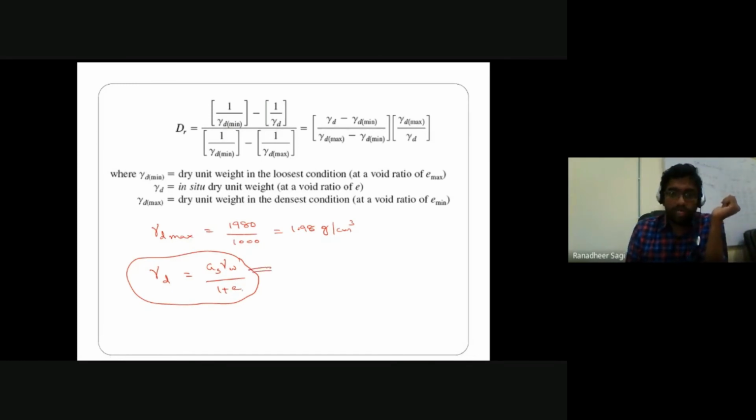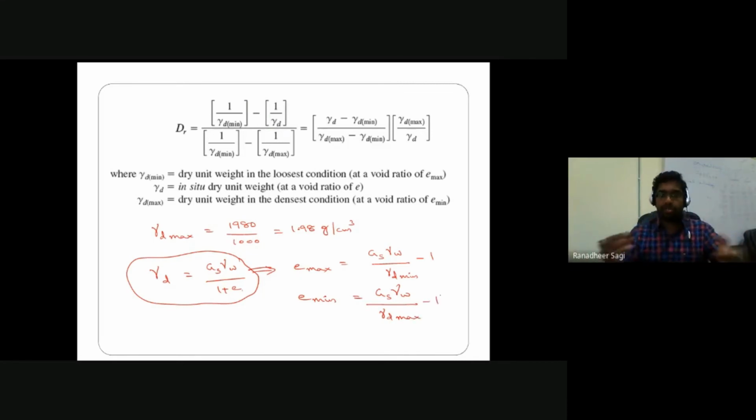Okay, so from this I can say the maximum void ratio I will get for the soil is e maximum equals GS into gamma W by gamma D minimum, minus 1, because the void ratio is going to be maximum when the dry density is minimum. And likewise, e minimum is nothing but GS into gamma W by gamma D maximum, minus 1, because the void ratio of the soil is going to be minimum when the packing is in the densest state.